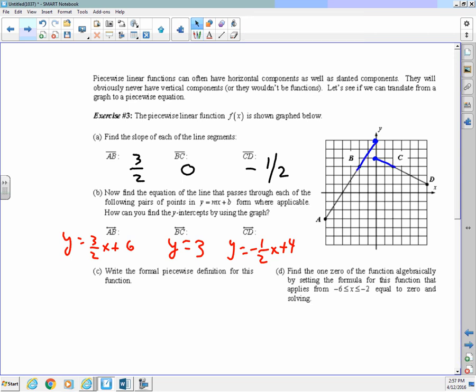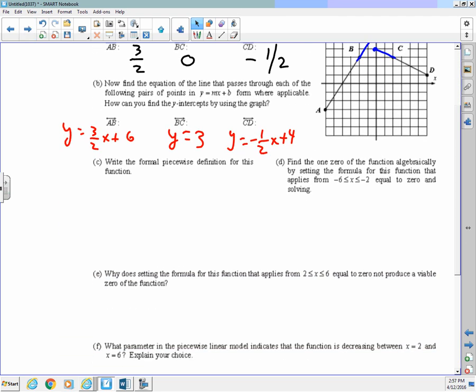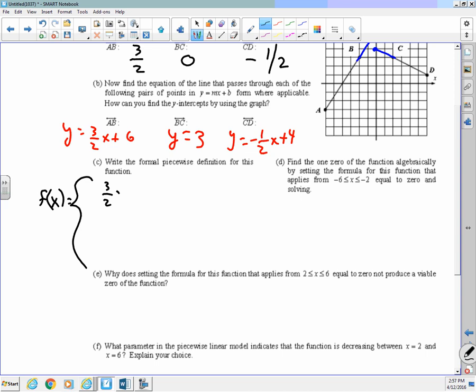Now, writing this as a piecewise function, which is pretty elaborate, I would write f of x equals 3/2x plus 6 from -6 to -2, but it doesn't include -2. And I'll explain in a moment.